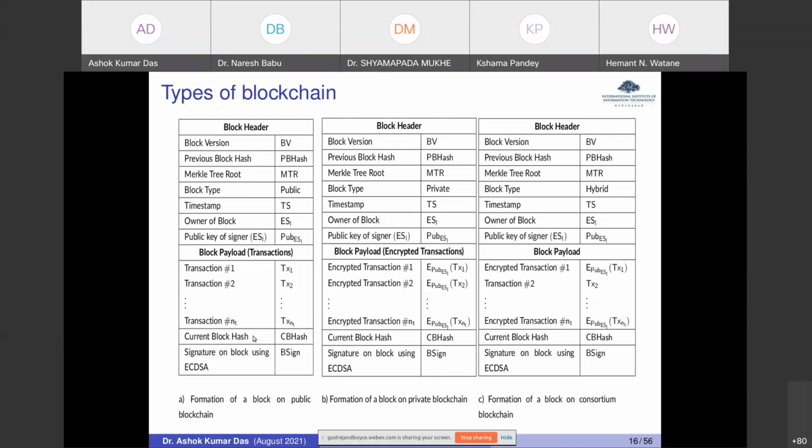If it matches with the computed current block hash, then finally we verify the block signature with the help of the elliptic curve digital signature verification algorithm using the public key of the signer, known as the block owner. So if all the verifications take place successfully, then a block is declared as a valid block, otherwise not.